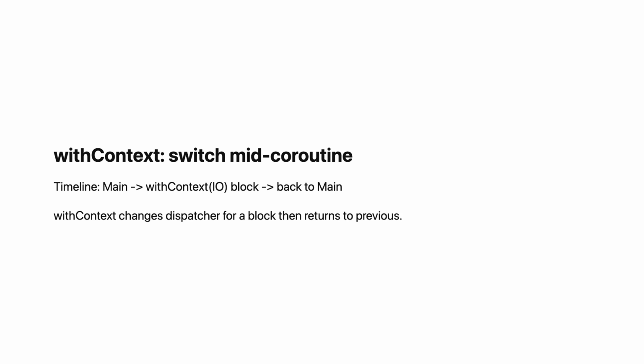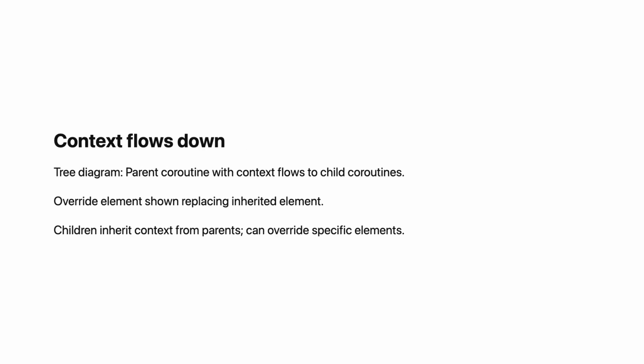Child coroutines inherit context from their parent. When you call launch inside a coroutine, the new coroutine gets the parent's context. Same dispatcher, same job tree. You can override specific elements. launch(Dispatchers.IO) inside the main coroutine runs the child on IO, but other context elements are still inherited.